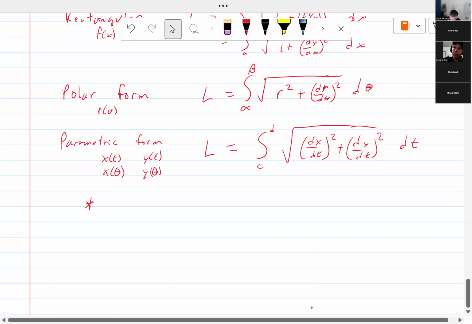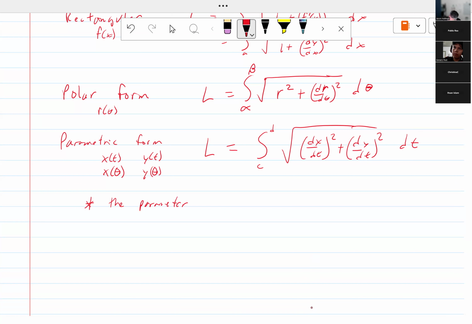Write it down in your notes: the parameter of parametric equations x equals f of theta, y equals g of theta, can have theta as its parameter, and it does not make it polar.